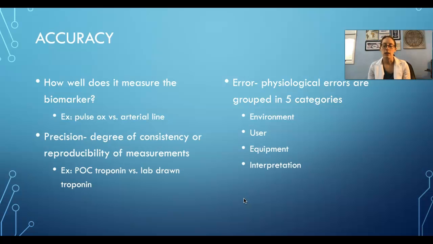And we also have a variety of errors, and for most physiological errors, those include things like the environment, the user itself screws something up, your equipment fails, or even your interpretation. If you look at, for example, incoming EMS STEMI patients, the interpretation of those results from the EMS may be different than the interpretation of the ER physician, which may be different than the interpretation of the cardiologist.